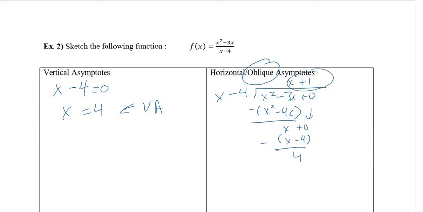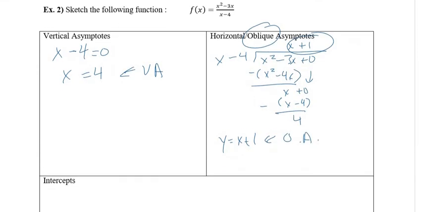So in this case, we have a slant asymptote at y equals x plus 1, which is our oblique or slant asymptote.